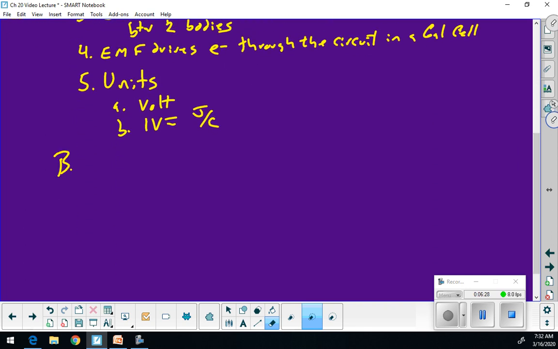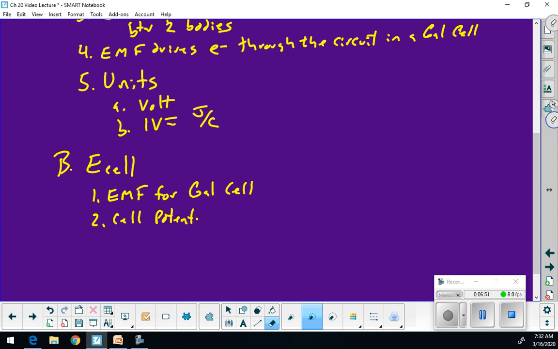Cool. So let's talk about my cell potential, E cell. All right. So this would be my electromotive force for my galvanic cell. It's also called cell potential. And it's really pretty easy stuff. It's a function of 3 things, right?